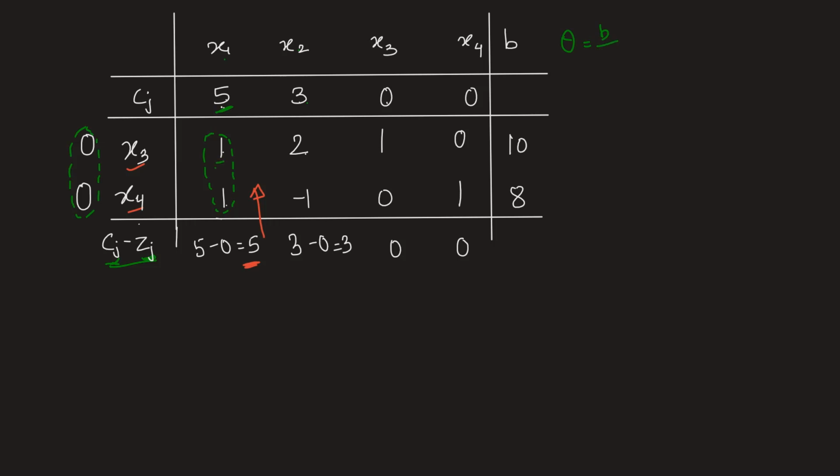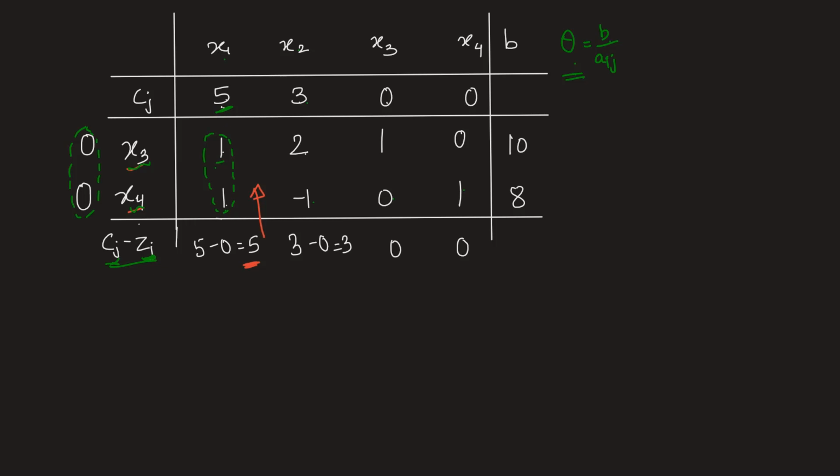So these coefficient values 1, 2, 1, 0 and then in the next row 1, minus 1, 0, 1 are denoted by aij. This factor will decide which variable x1 will replace, because x1 is now going to become a basic variable, replacing one of the slack variables, either x3 or x4. This is decided by the variable which has the minimum value of theta, which will leave.